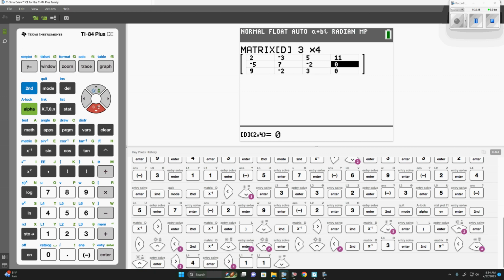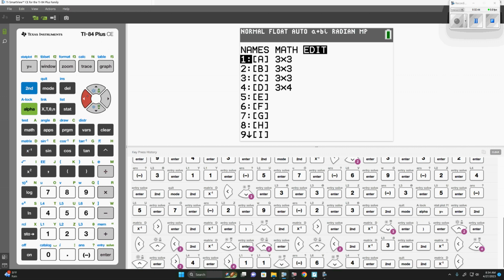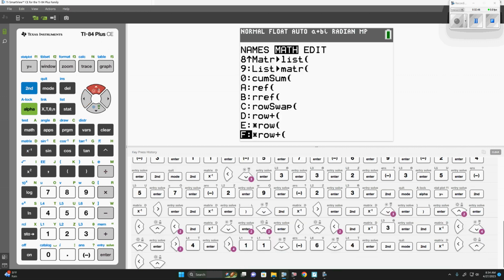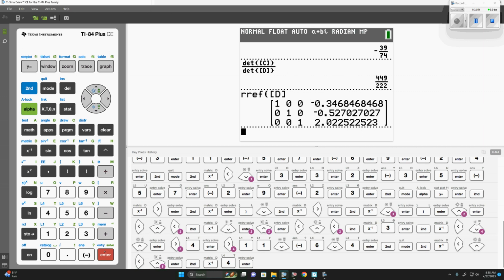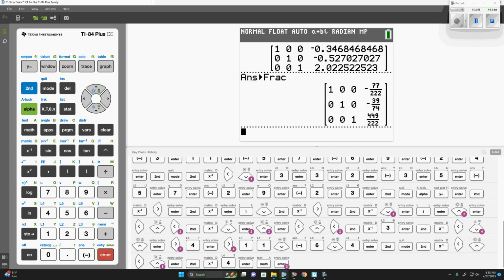Second quit, second matrix, RREF, second matrix D, math, enter. I can always use the reduced row echelon form to check and see, are these the correct solutions?